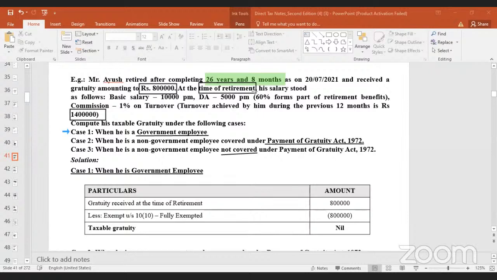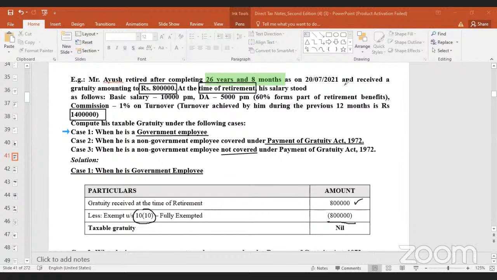Case 1, government employee: gratuity received at the time of retirement is 8 lakh, less exempted under section 10(10), fully exempted, the whole 8 lakh. That's why the amount chargeable to tax, the taxable gratuity, is nil.